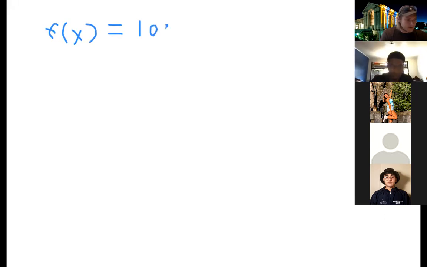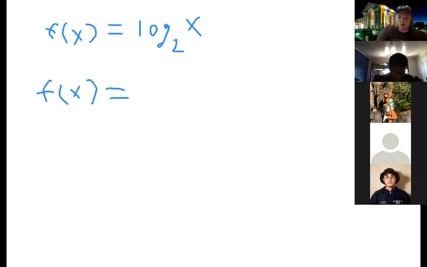If you remember our log rules. We also have other functions. These are just different functions that I'm writing out. They're not the same, they don't represent the same thing. I'm just showing you different functions that we've seen before, or similar types.